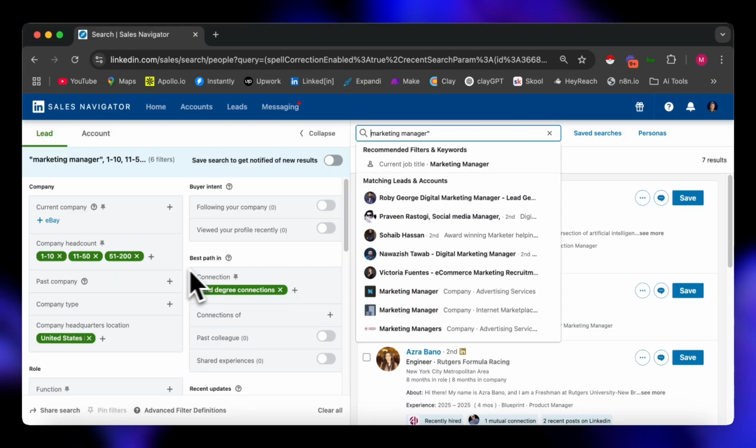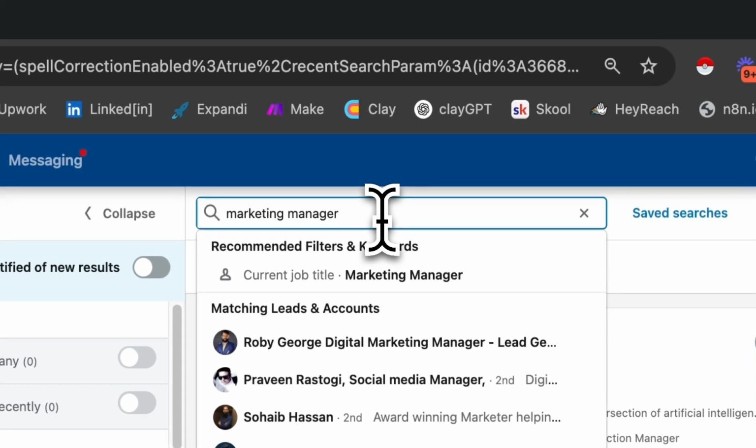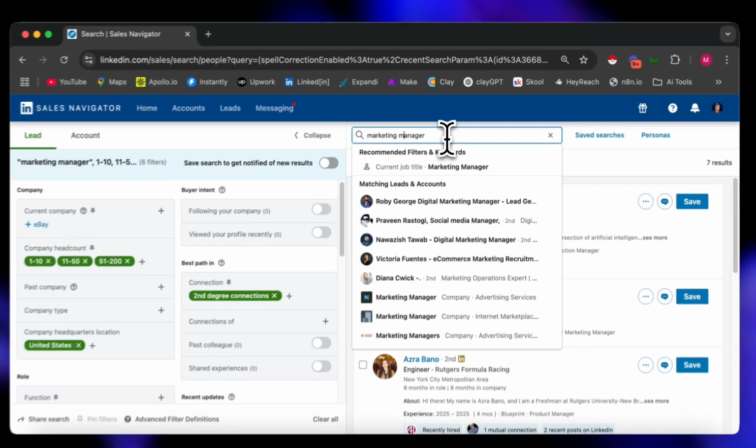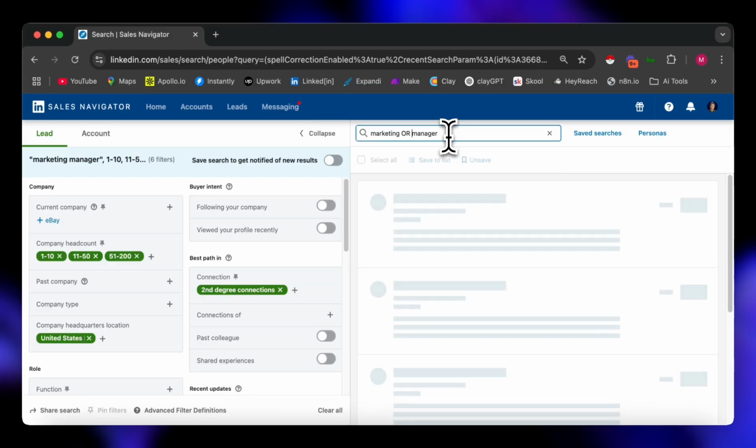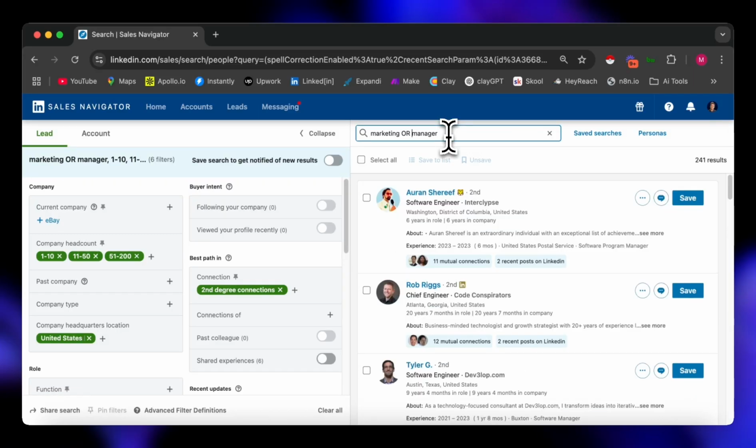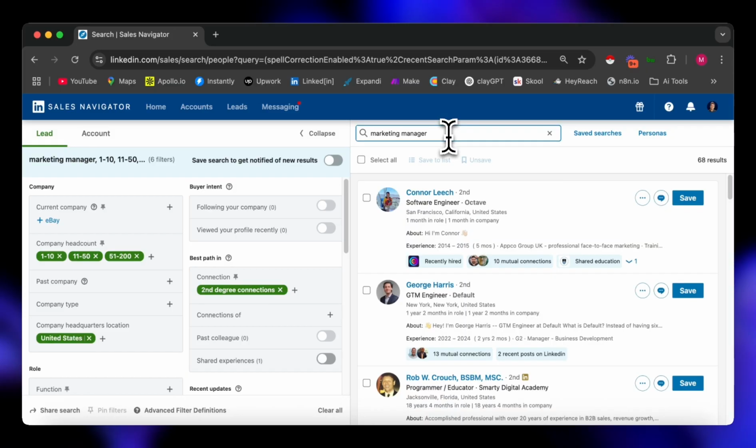Now, there's also other tactics that we can use where we have marketing manager. But what we could do is they're in marketing, and we can put the word OR in between it. Notice that it's a capital OR. And what we have is 241 results. We are now asking LinkedIn to give us a marketing manager with a little bit of room to wiggle.